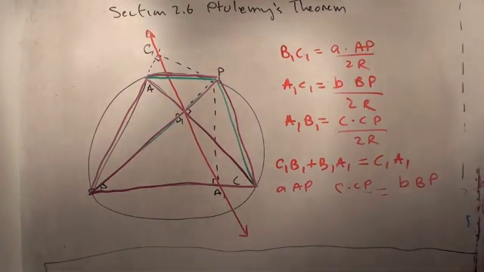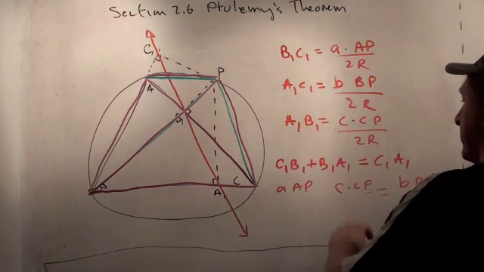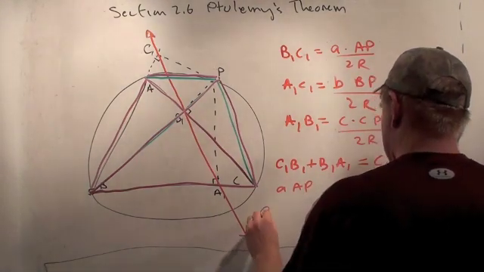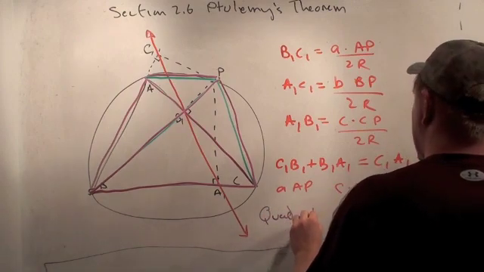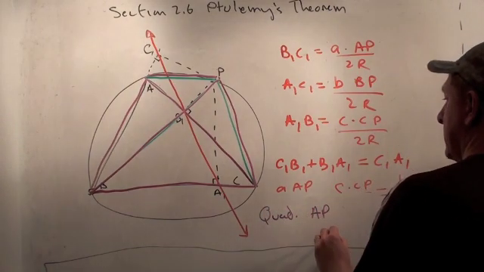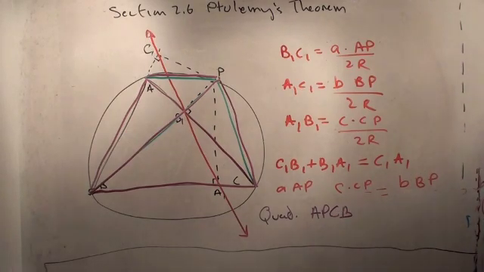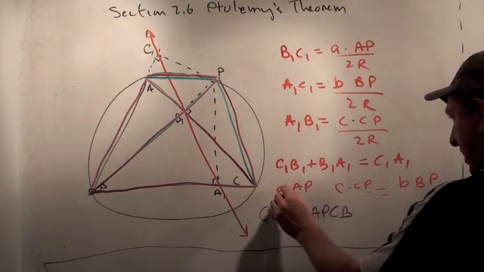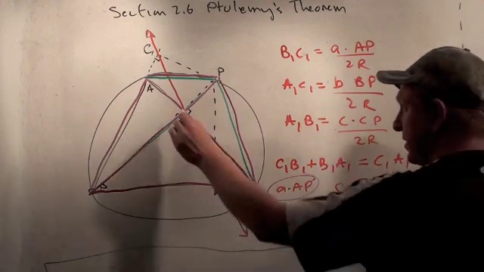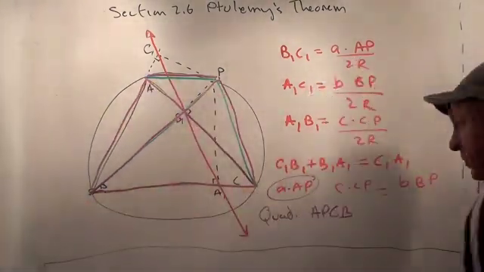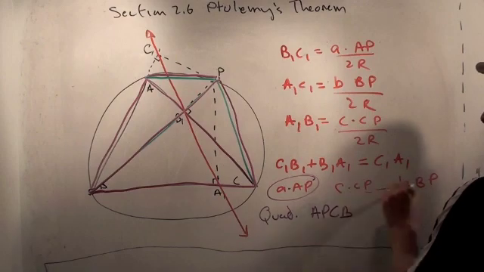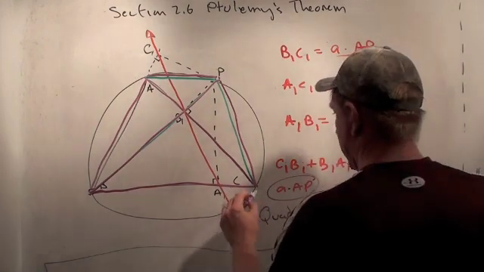So what do you see? I have a quadrilateral inscribed in a circle. I have quadrilateral APCB, and what I've said is the product A times AP is one set of opposite sides. Here's AP and here's side length A of the original triangle. C times CP, where's side C?